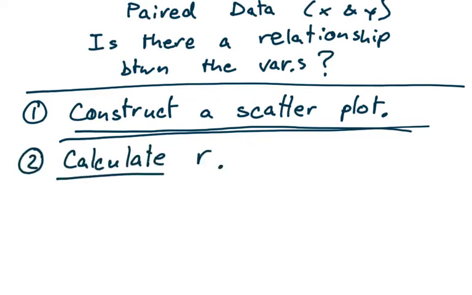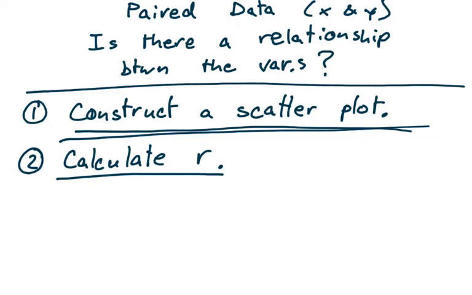If it looks from our graph like the data points are all trending together in a straight line fashion, either sloping upward, so there would be positive linear correlation, or sloping downward as you move along to the right, that would be negative linear correlation.